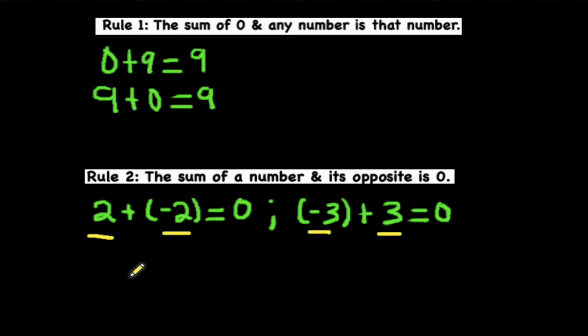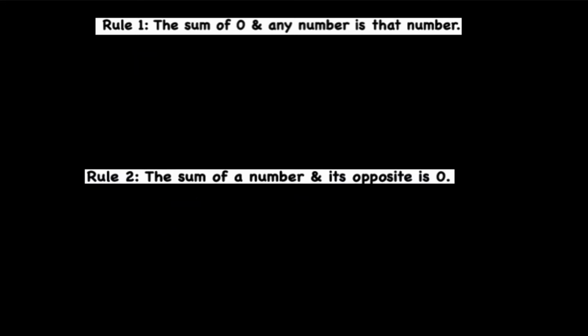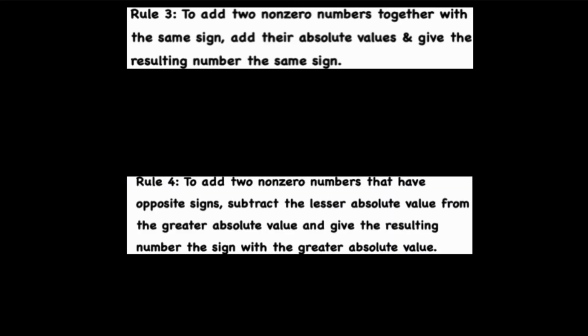All right, let's move on to rule number 3. Rule number 3 states to add two non-zero numbers with the same sign, add their absolute values, and give the resulting number the same sign.